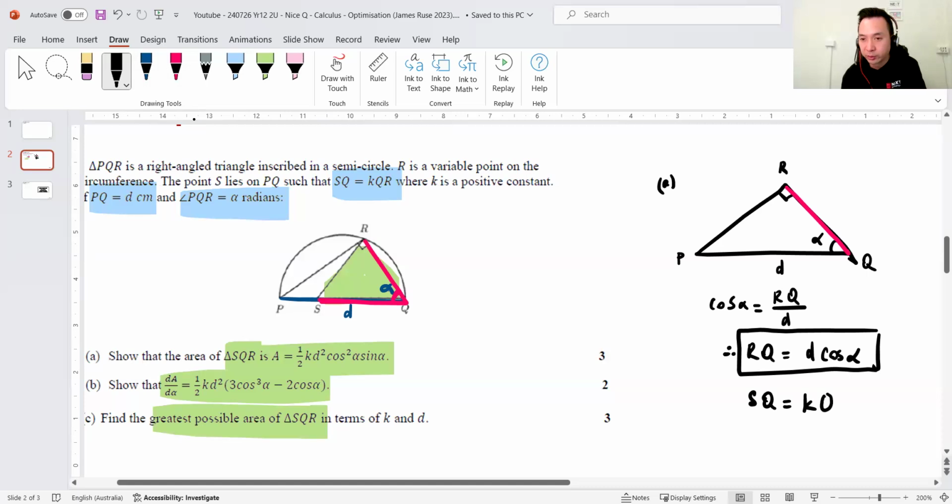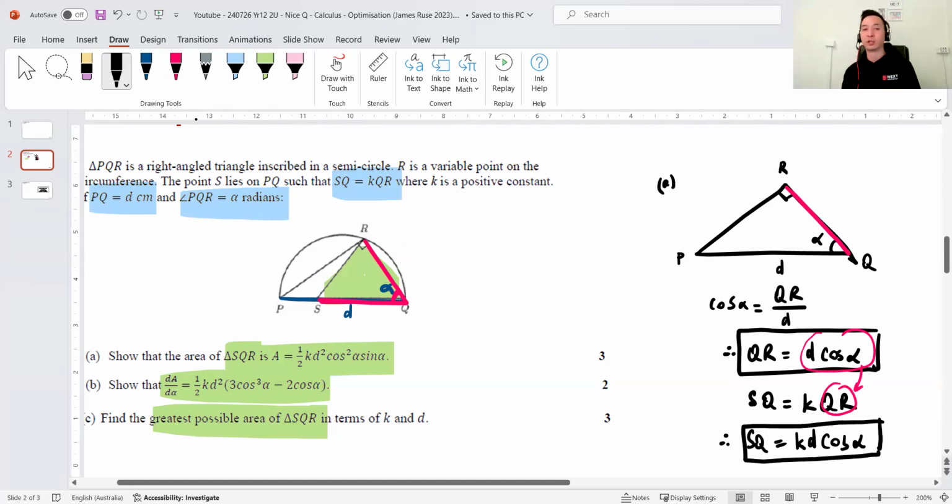Maybe I should say QR, not RQ, so everything's consistent in alphabetical order. QR, and then I'm just going to plug this into here, because that's what the question gives. So therefore, SQ would be kD cos alpha.